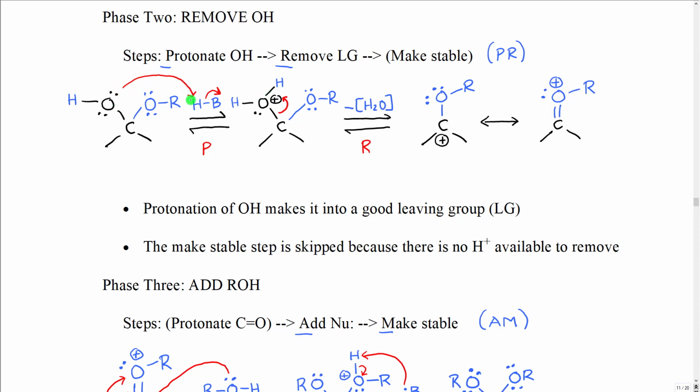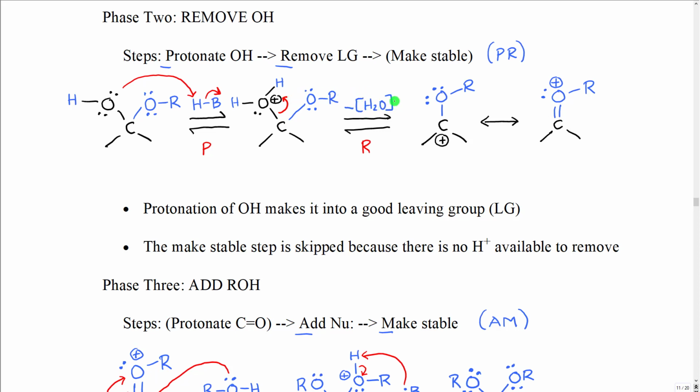So we protonate on the hydroxyl lone pair right there. Again, it's grabbing the hydrogen. That's our P step. Now our hydroxyl group has become basically a water attached to the carbon. So that's going to leave. So we break the bond, it becomes a water and it leaves.